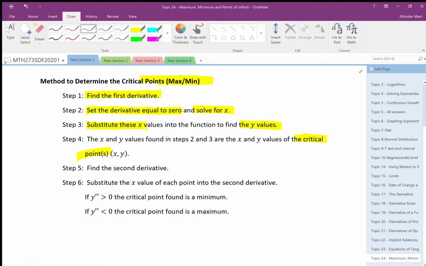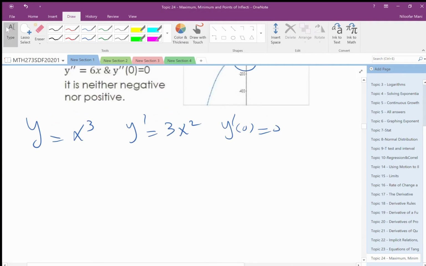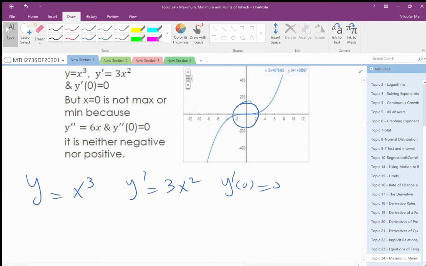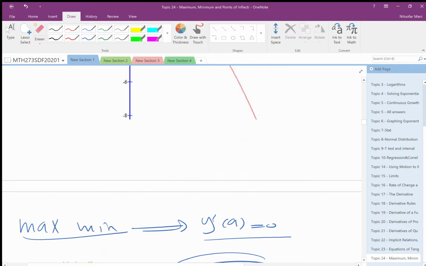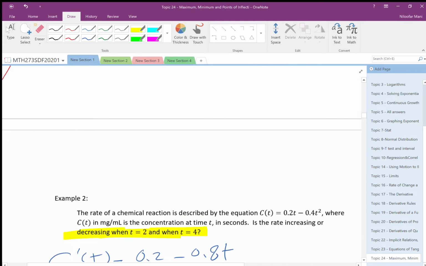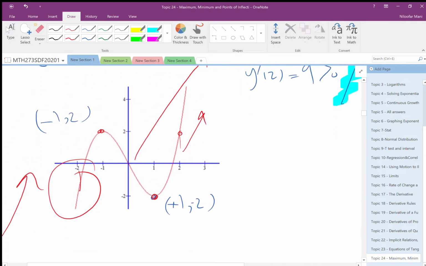But I told you if the first derivative equals 0, it doesn't mean for sure you have a maximum or minimum. Why? Because look at this. How can I say for sure I have a maximum or minimum? I find the first derivative and put it equal to 0. Here the first derivative is 0.